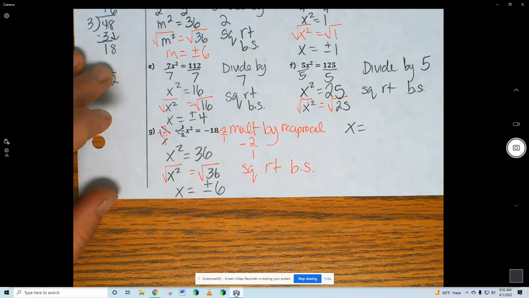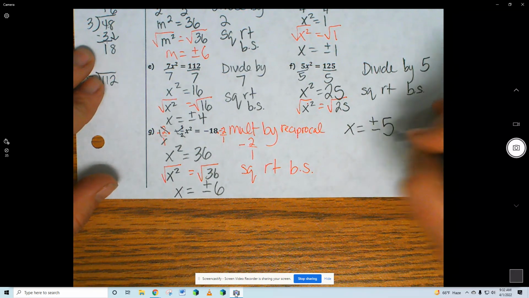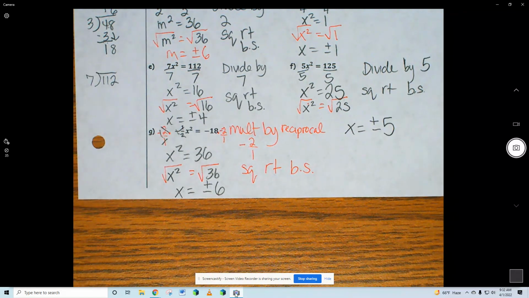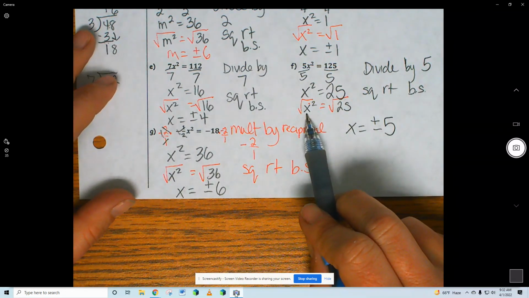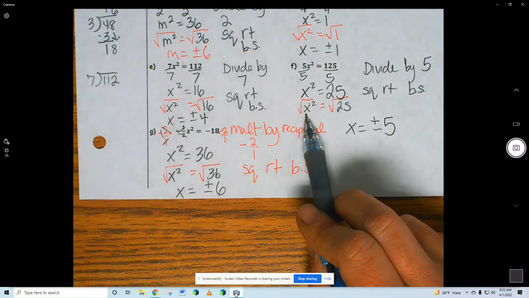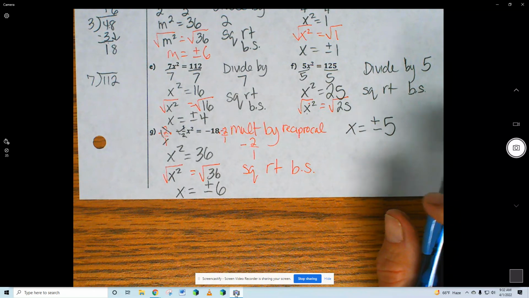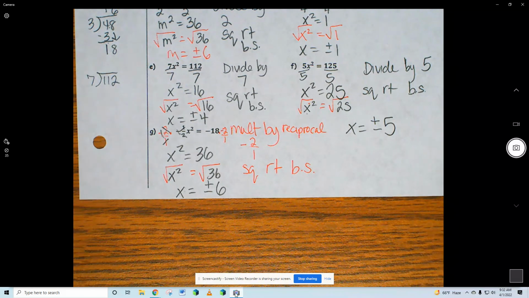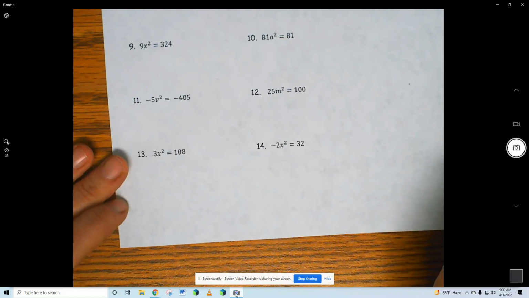What is the square root of 25? But plus or minus. Don't be forgetting that. The only reason it's the positive and the negative is because I have an x. Like, what could I plug into this x? Negative 5 times negative 5 or positive 5 times positive 5? And there's no 0 on the front side either. Okay, on the back side, I do have some zeros and I do have some no solutions.